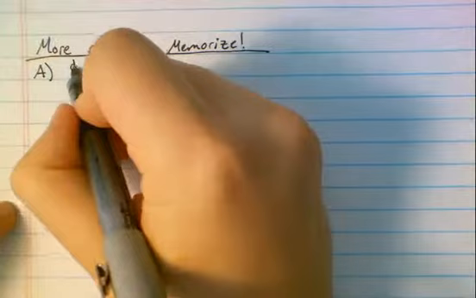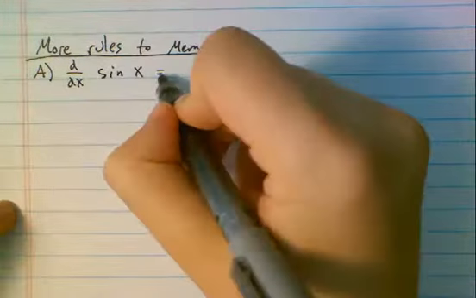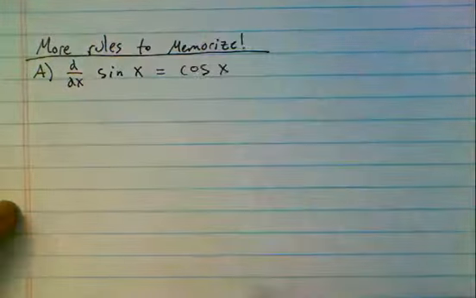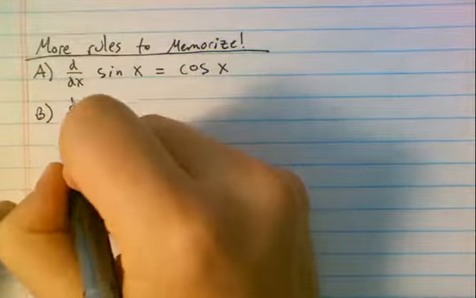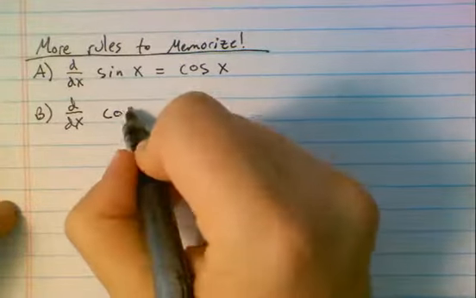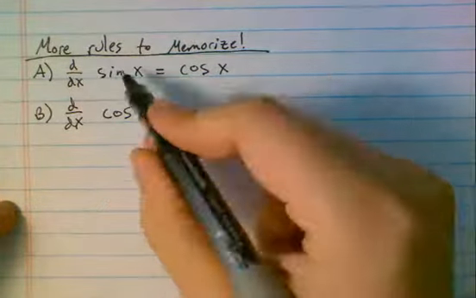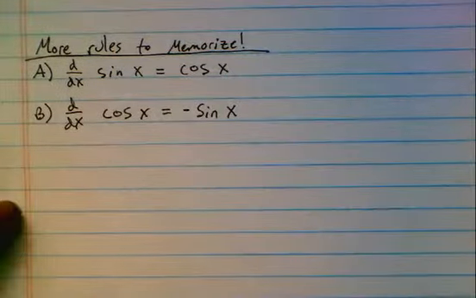First one, the derivative of sine of x is the cosine of x. Second one, the derivative of the cosine of x is not sine of x, but actually negative sine of x.